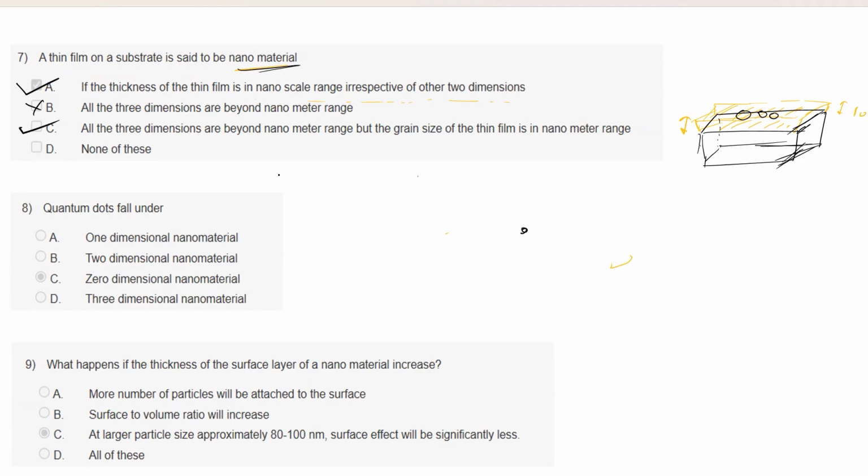Quantum dots are very small particles where X, Y, Z, all dimensions are less than 100 nanometers. They are an example of a zero-dimensional material.